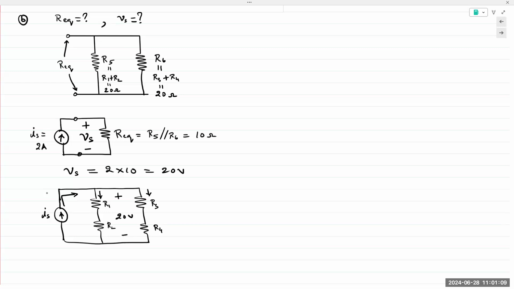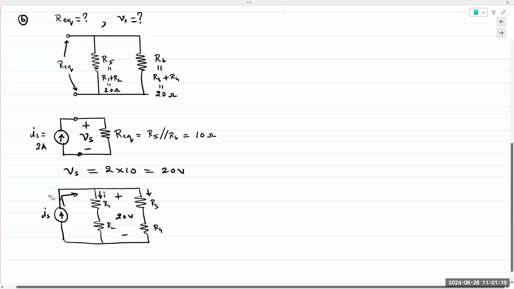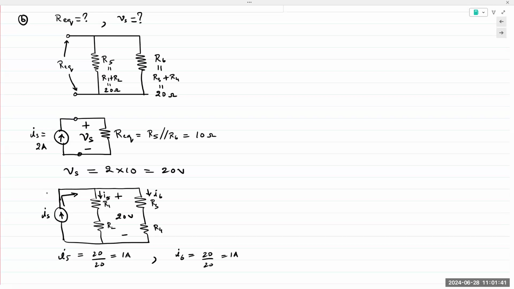Some of it goes down here, some of it goes down here. We can apply Ohm's law and find the total current. Let's call this I5 and I6. And I5 would be 20 divided by 20, 1 amp. And I6 is also 20 divided by 20, 1 amp. And now you have the current through all 4 resistors. You can apply Ohm's law again to find the voltage. And that's it.